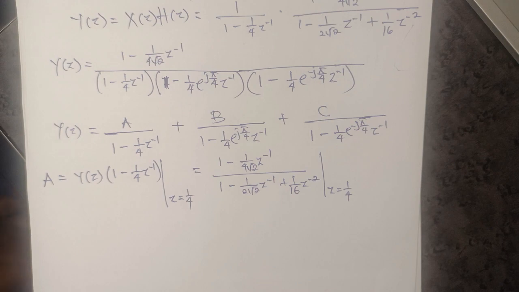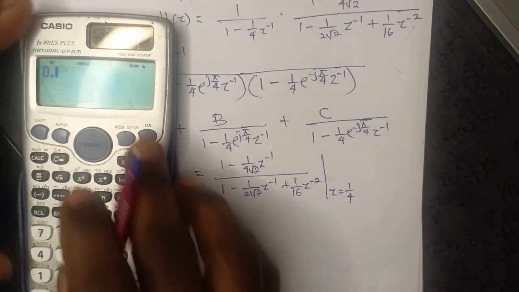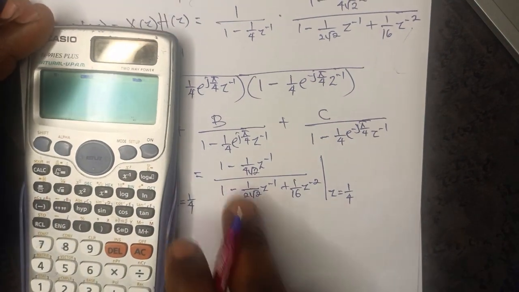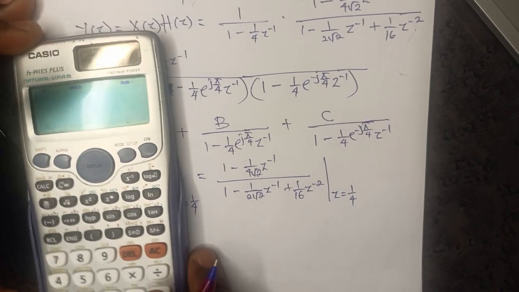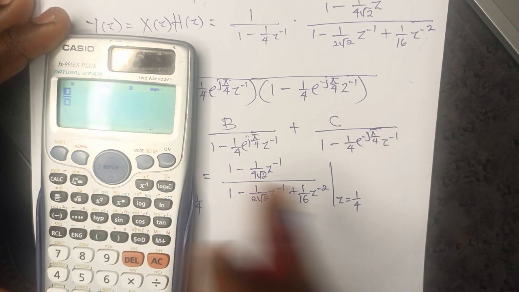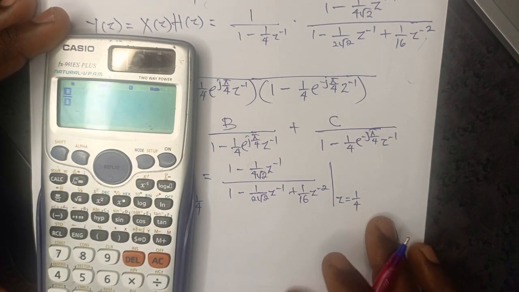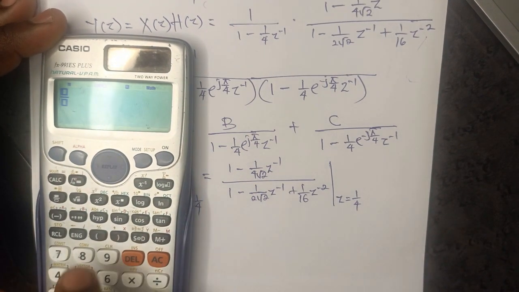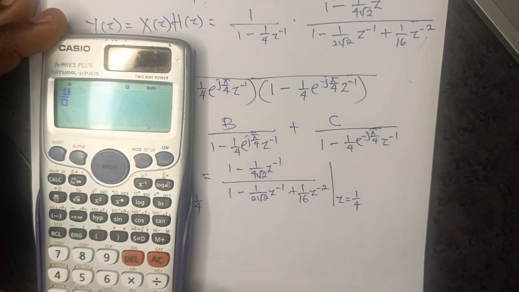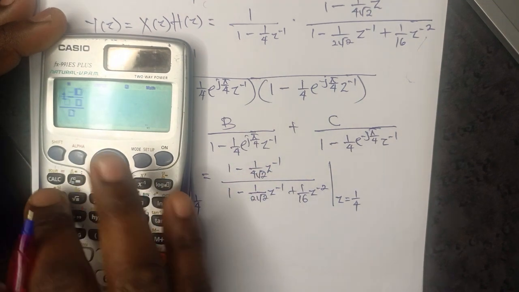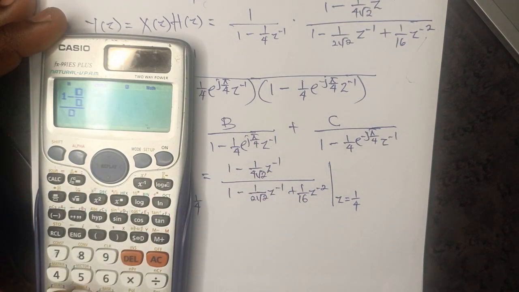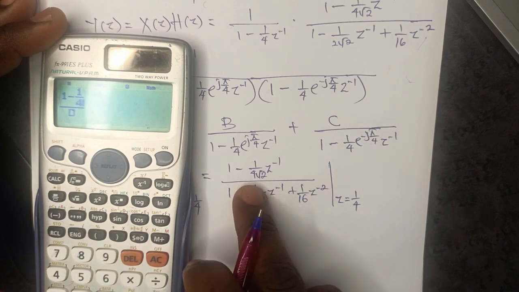So if we substitute z is equal to 1 over 4, how do we go about this? The first thing we'll do, let me show how this is done in the calculator. The first thing we're going to do at this point is put 1 minus 1 over 4, so this is going to be 1 all over 4.